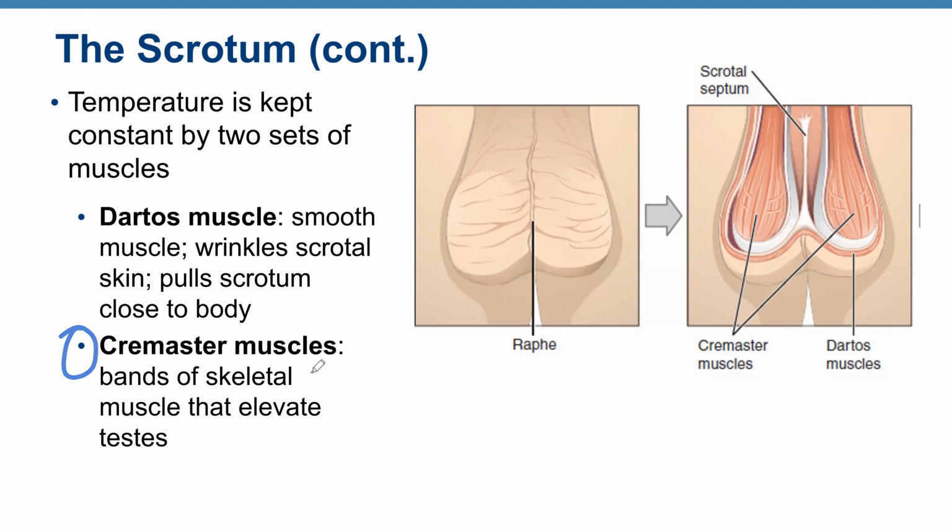Cremaster muscles are skeletal muscles covering the testes, shown over here on this diagram, and they elevate the testes, and you can control cremaster muscles. Now, both sets of muscles are needed for temperature regulation.